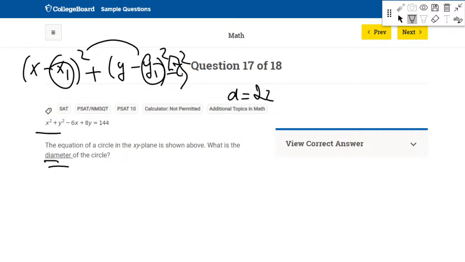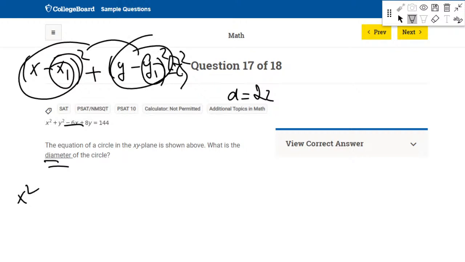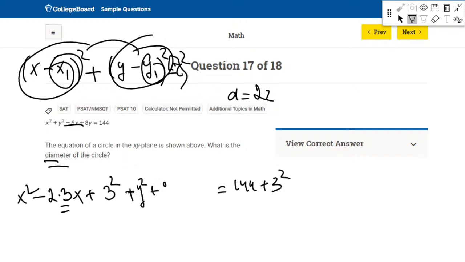Let's rewrite this in such a way that we can get these formulas. So it's x squared, it's minus 6, so it's minus 2 multiplied by 3x. What I do with 3, I add 3 squared to this side and this side, so that they would be equal. Plus y squared plus 2 times 4 times y, and plus 4 squared here and plus 4 squared here.